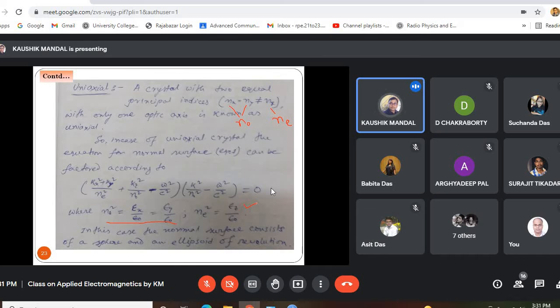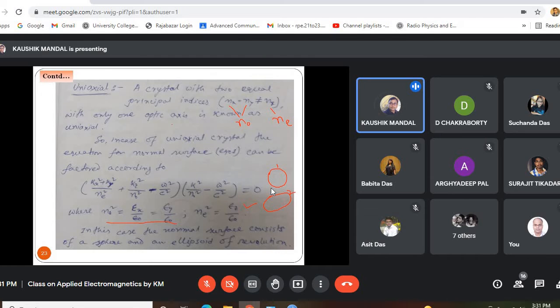In that case, if you simplify this equation, you will see that one shell of the normal surface will be a sphere, and the other surface will be an ellipse. This is shell number 1, and that is shell number 2 of the normal surface.